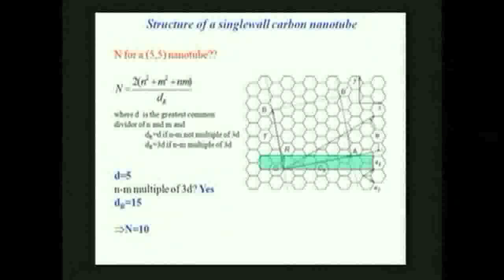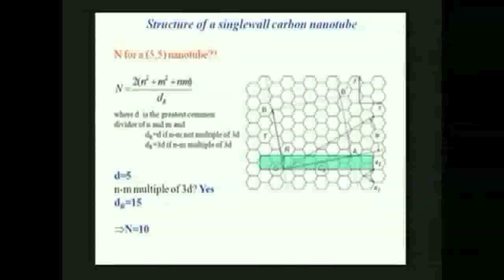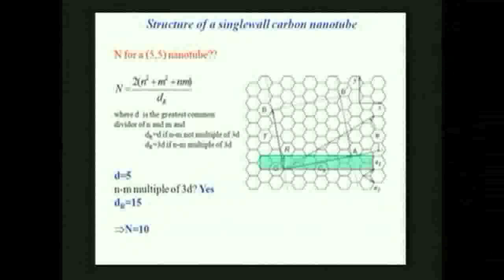If you have 10 hexagons, how many carbon atoms do you have? 20 carbon atoms that you can count there. 1, 2, 3, 4, 5, 6, 7, 8, 9, 10. This one you don't count because it's the equivalent of this one by one translation. And then 1, 2, 3, 4, 5, 6, 7, 8, 9, 10, 20. These ones you don't count because they correspond to this one after a translation of T. So you do have 20 atoms in this cell.